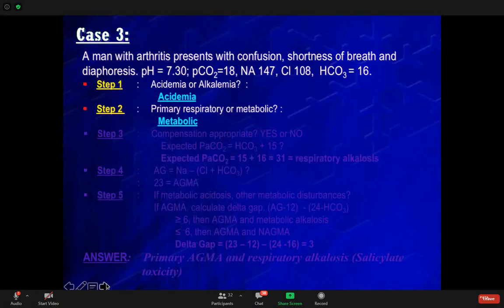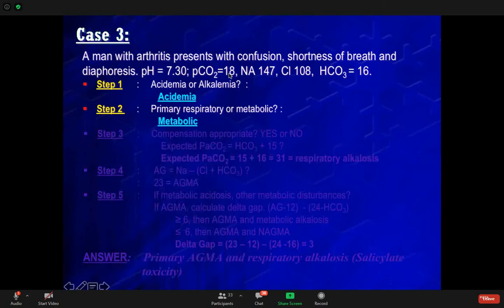طيب step number 3. Look for compensation. تذكر المعادلة. البايكربونات زائد 15. خلاص يعني 15 زائد 15، expected النمبر كم يطلع؟ يعني what's your expected CO2 كم الرقم؟ 31. Exactly. والرقم عندنا هنا كم ايش؟ 18.